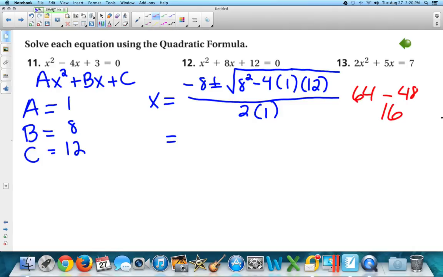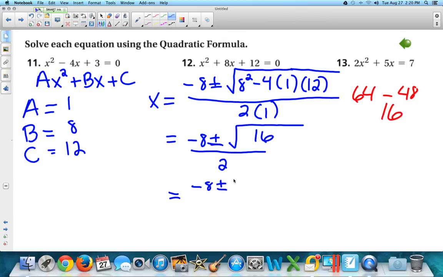So I get negative 8 plus or minus the square root of 16, all of that divided by 2. So that's going to get me negative 8 plus or minus 4, all of that divided by 2.